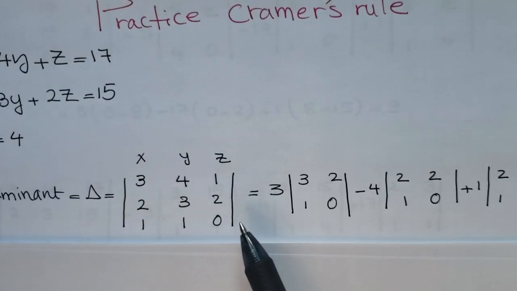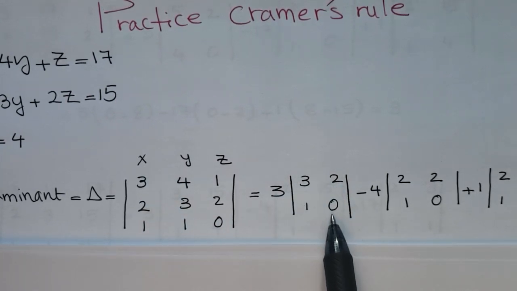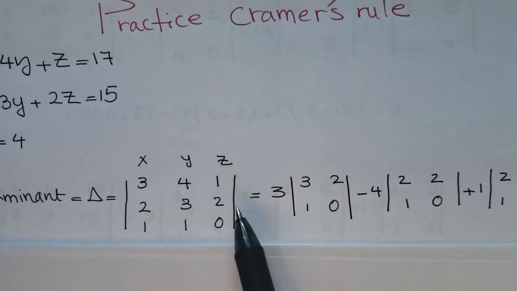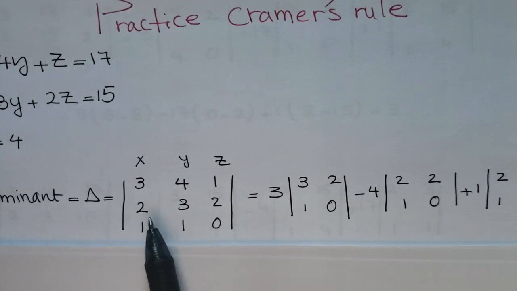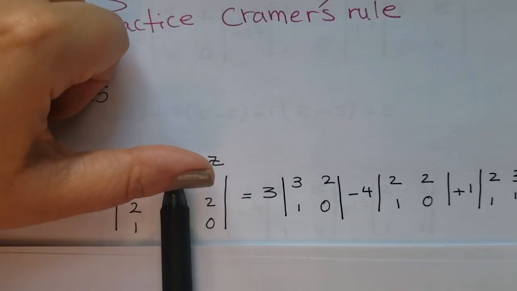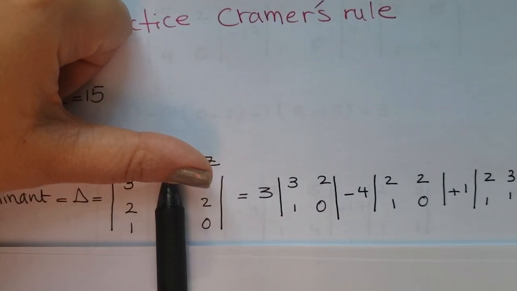So 3 times this 2x2 matrix. Then the second main element, which comes with a negative sign, we eliminate its row and column, and what is left is 2, 2, 1, 0.